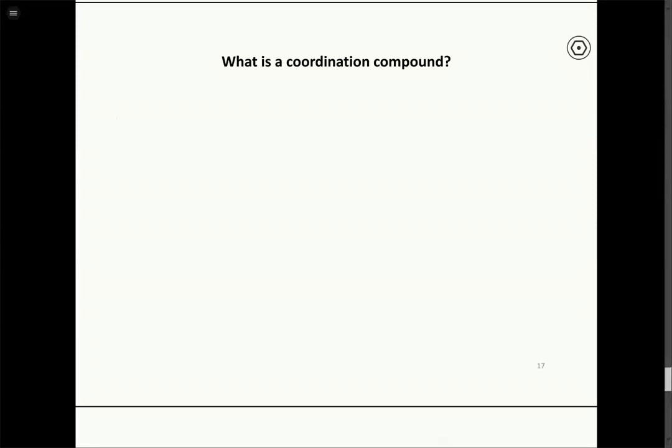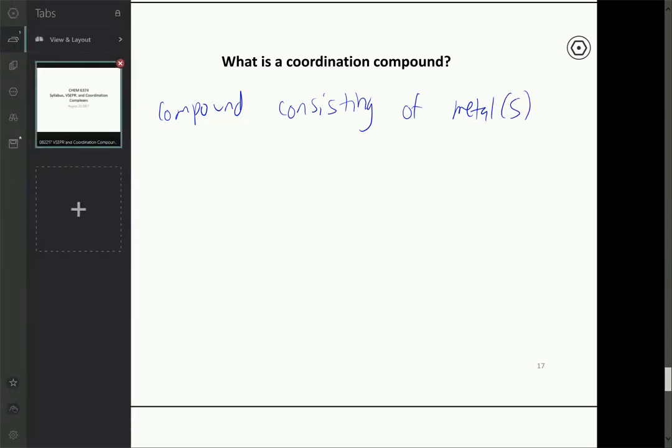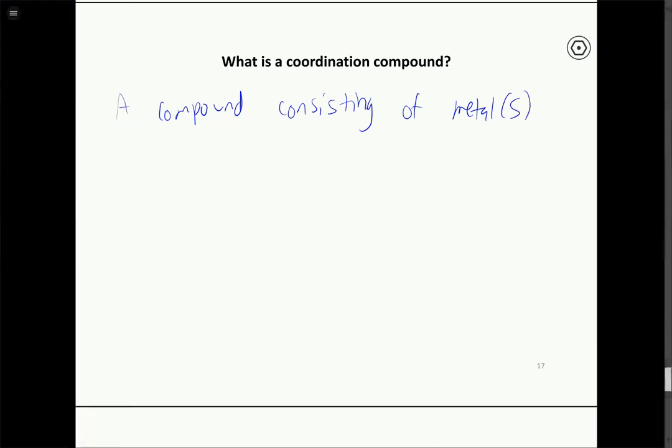So a coordination compound, broadly defined, consists of a metal. As this being an inorganic chemistry course, transition metals are our favorite. So a compound consisting of a metal, you can have more than one metal, of course. There are certain types of coordination compounds that are multimetallic.